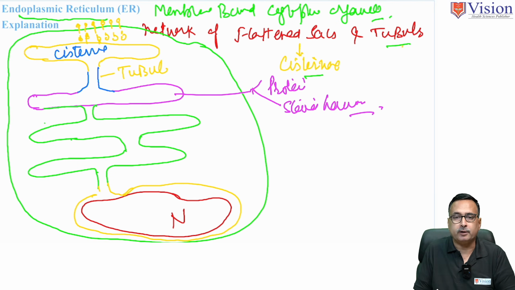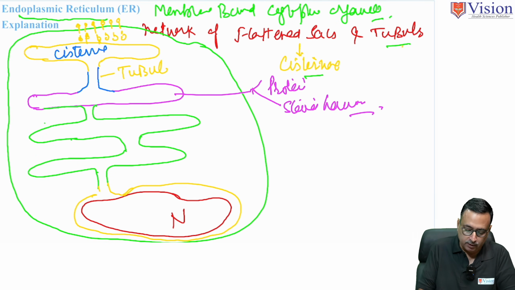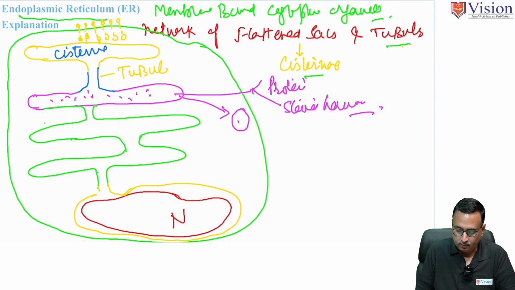When these two components are synthesized in the space of the cisterna, they are packed into vesicles. Say protein is synthesized and released into the vesicle. This protein molecule leaves the cisterna, passes through the cytoplasm and enters into the Golgi body.